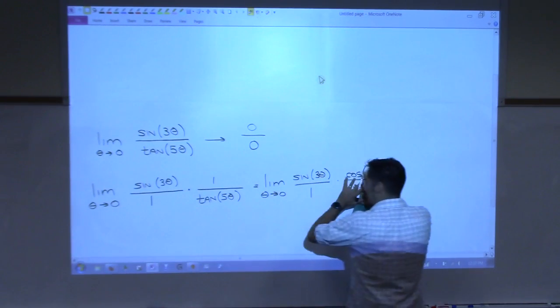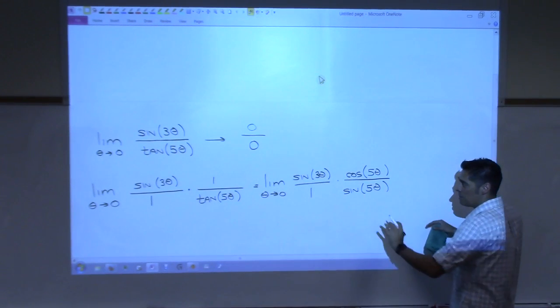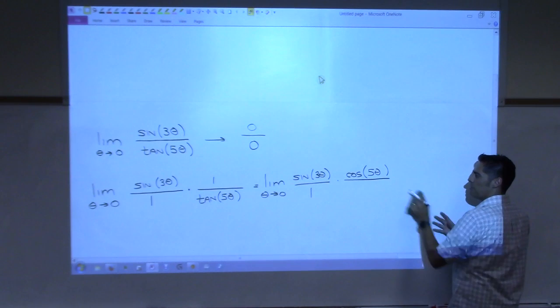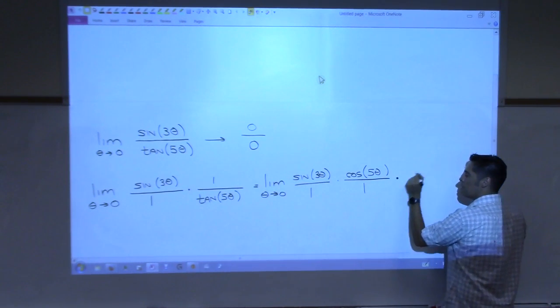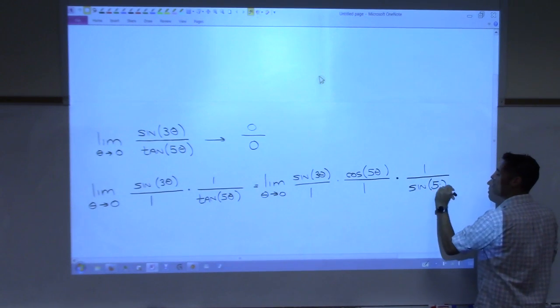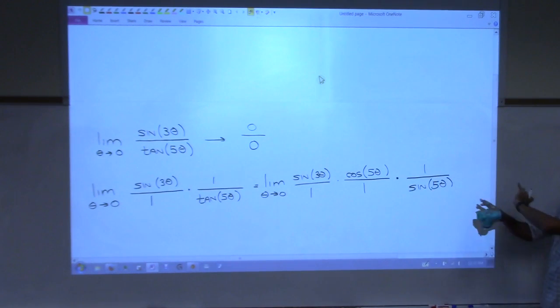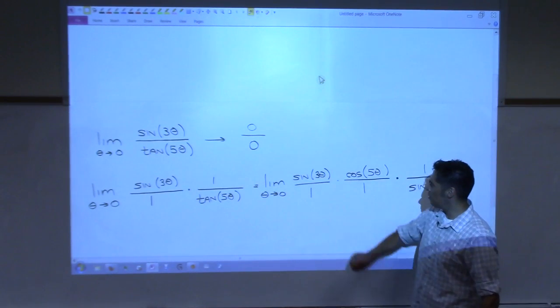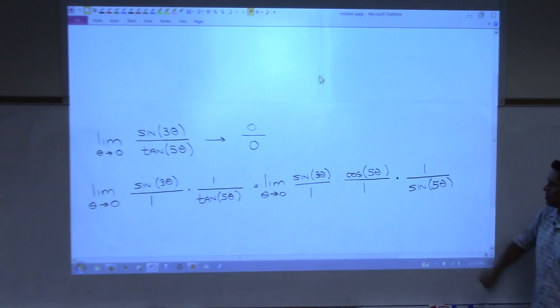I'm going to rewrite this, and because of time, I'm going to cheat. I'm just going to take that sine 5 theta and move it over. Do you see that what I've really done is peel this thing completely apart into all of its different components? It's got your sine 3 theta, a cosine 5 theta, and a 1 over sine 5 theta.